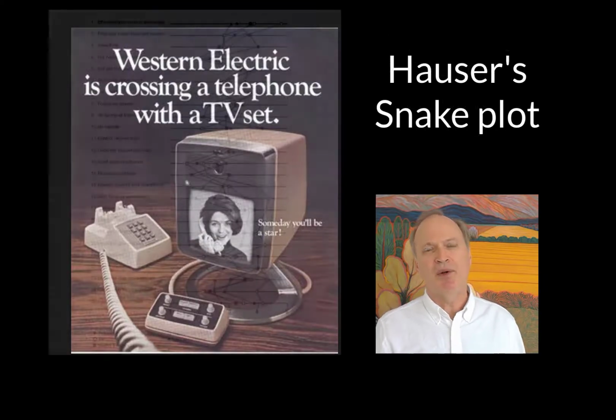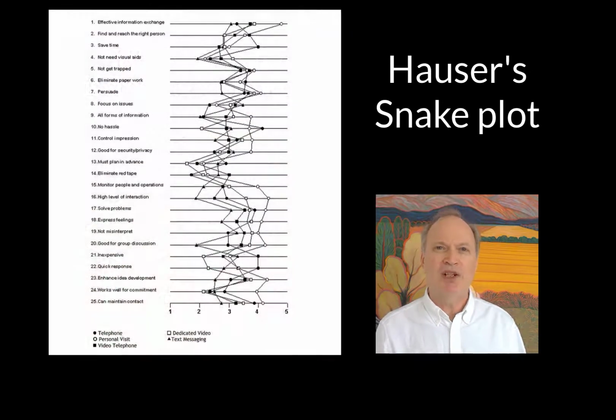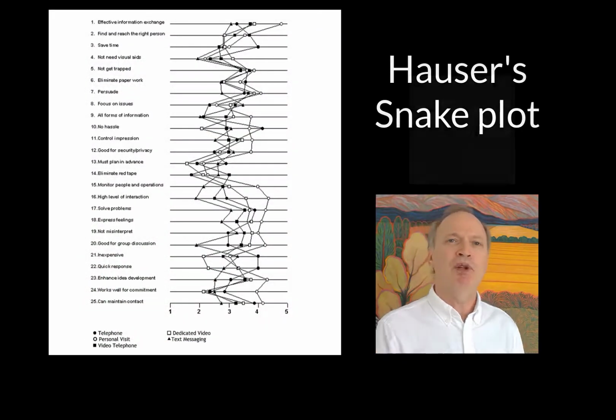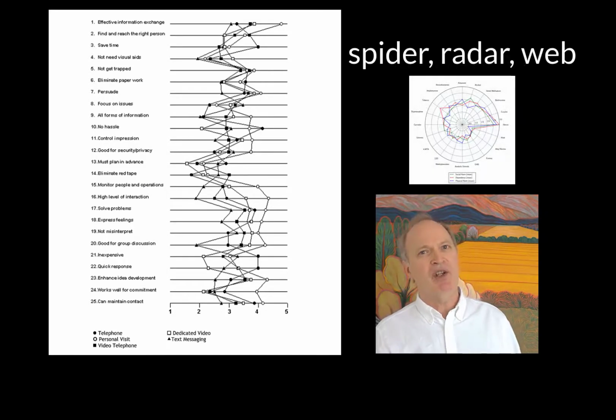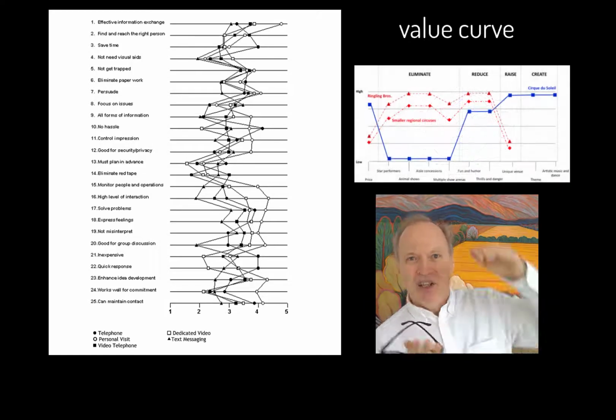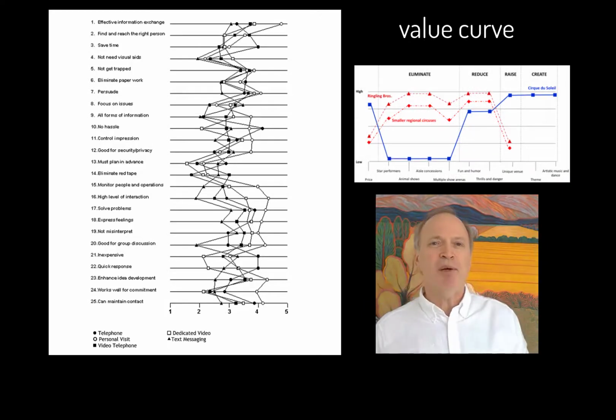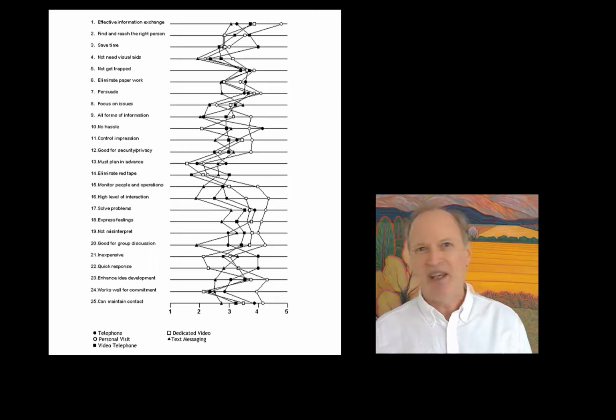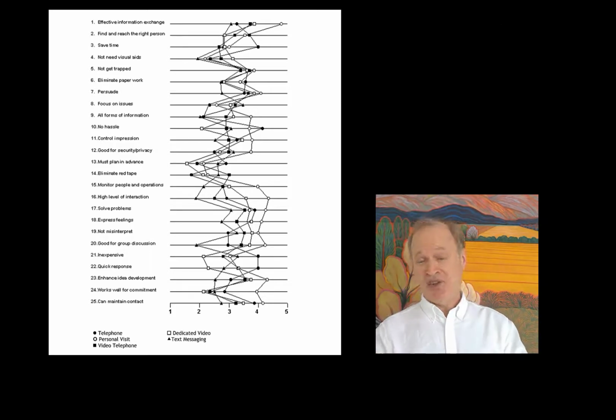Okay, on this first diagram, what we have is what someone might call a snake plot. If you plot this in a circle, someone might call it a spider diagram. If you rotate it 90 degrees this way, someone will call that a value curve. So these kinds of plots are called many different things in strategy. I like this representation. Here we've got 25 different things people were asked in his studies about this narrowband video telephone.